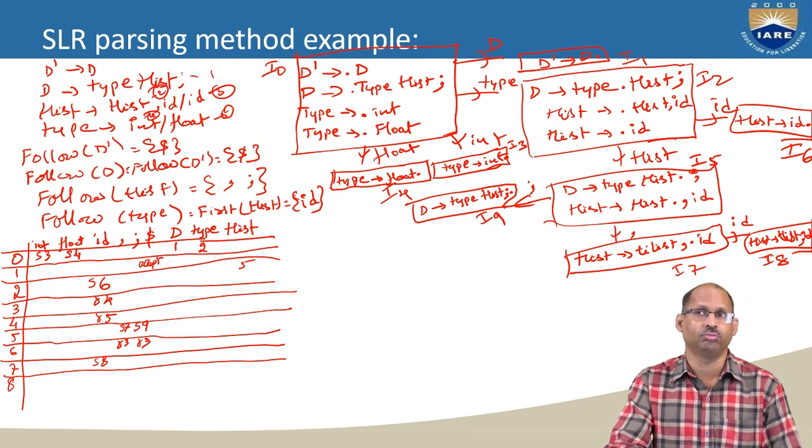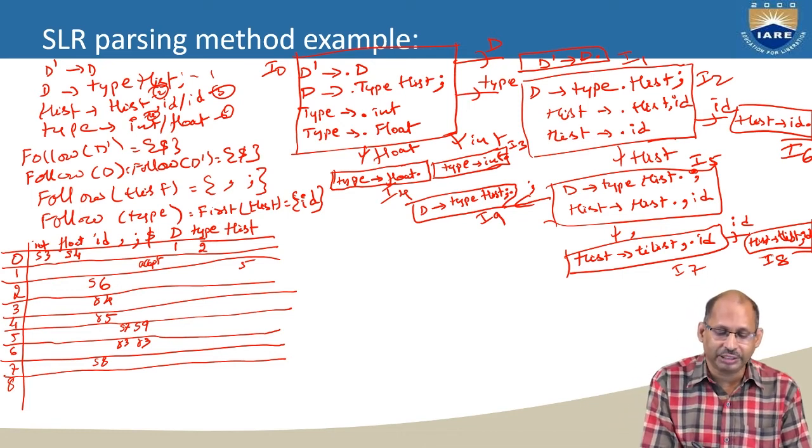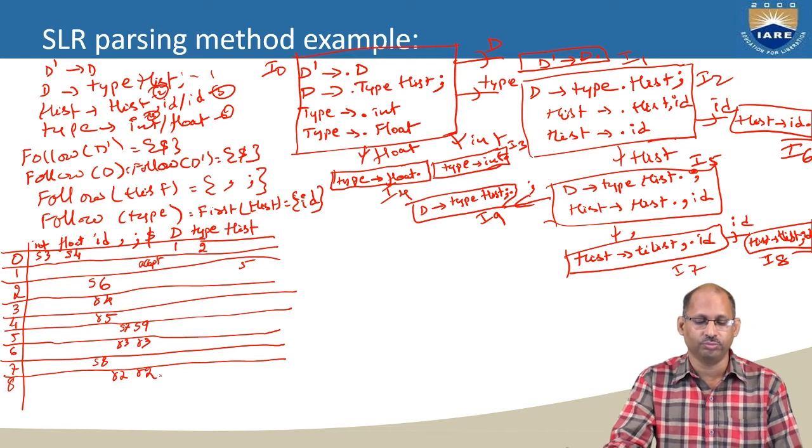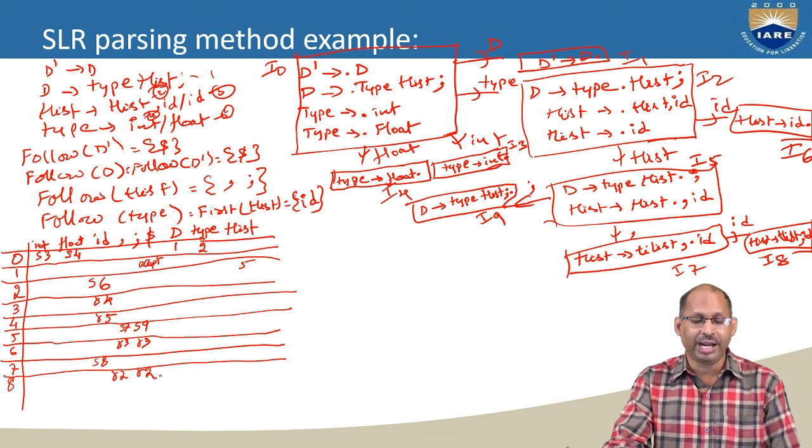It is 2. What is the follow of T list? Comma and semicolon. So in the comma and semicolon columns, we write reduce production number 2.